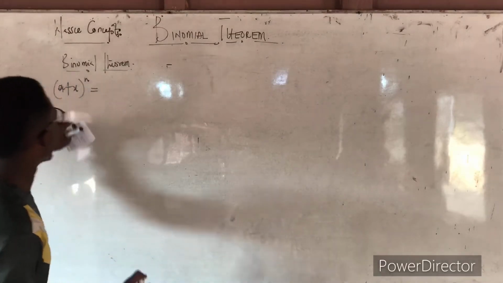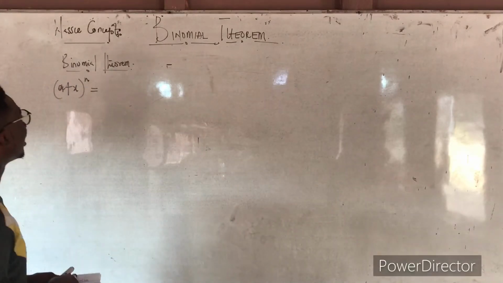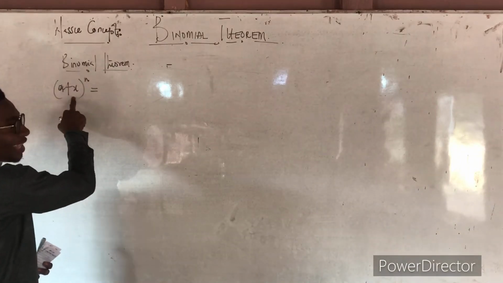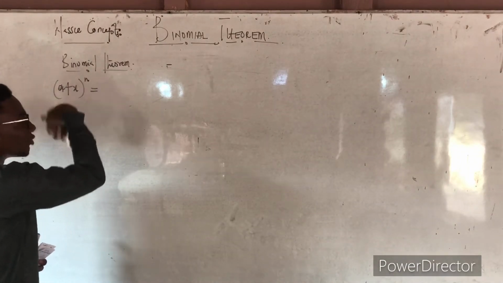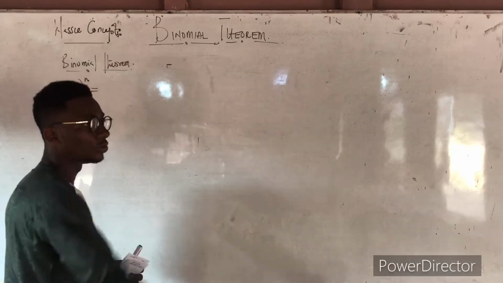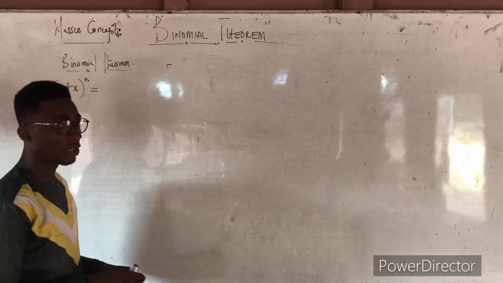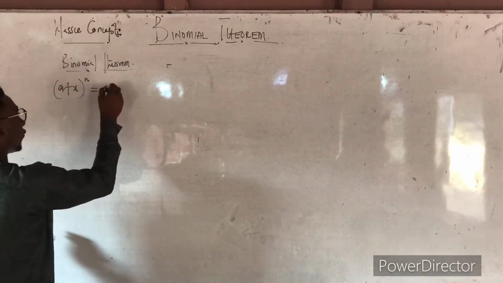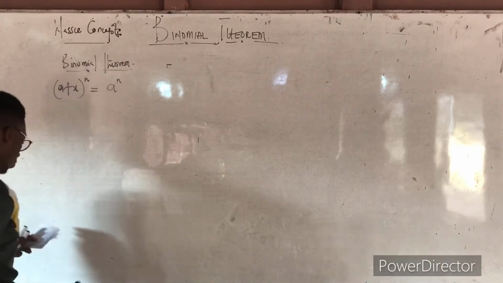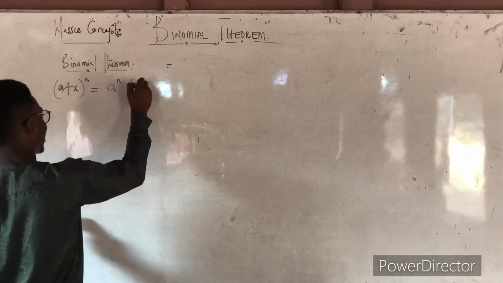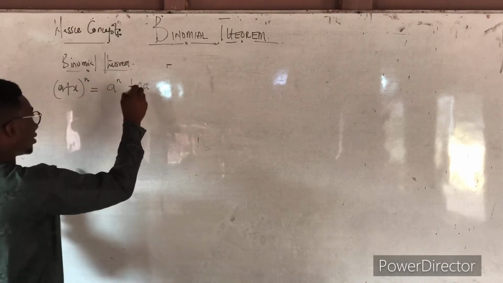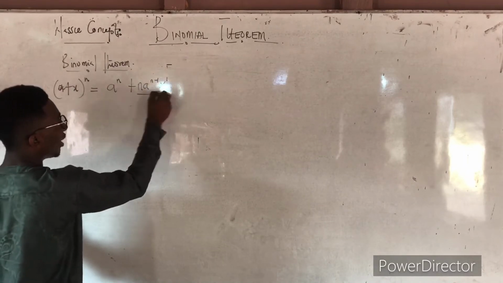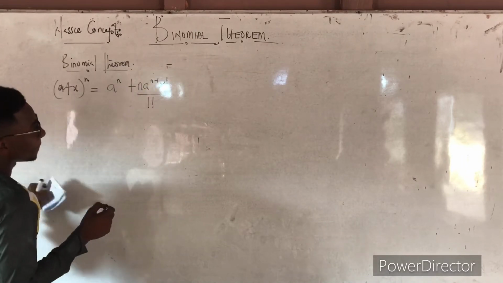Anytime you have an equation of this nature, where a is the first constant, x is the variable, and n is the number of times it multiplies itself, then the binomial theorem says that first of all, the a will be exponent n, plus n multiplied by a exponent n minus 1, x exponent 1, divided by 1 factorial.